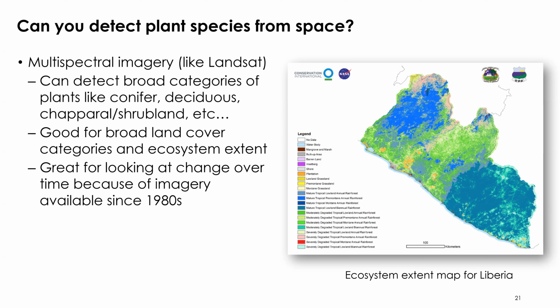And NASA legally cannot compete with those commercial companies. From a research standpoint, there are some aircraft that can get very high spatial resolution imagery, but it's for research only. And so that's why a lot of the stuff that we do is quite general and broad, like you're seeing here.